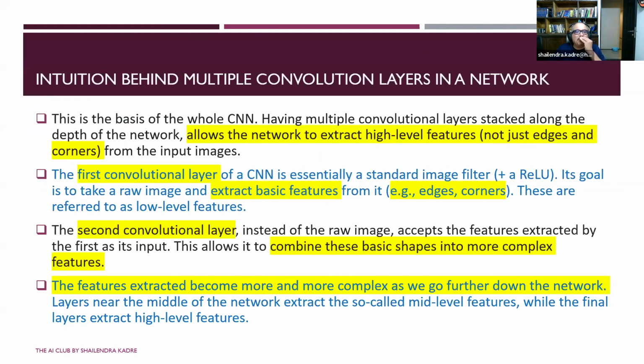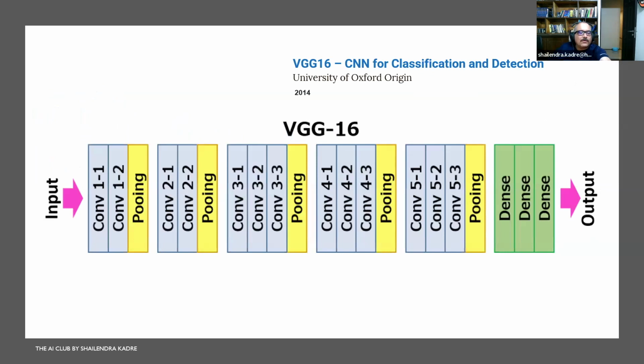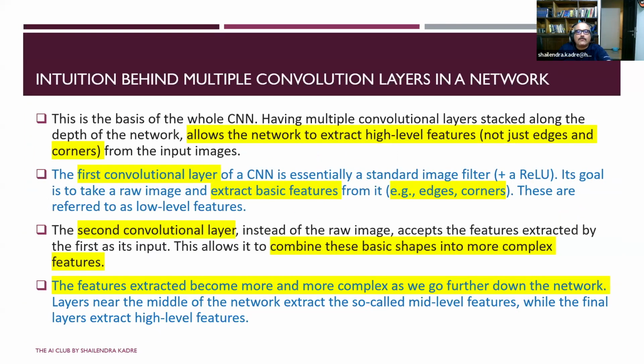So, the intuition behind multiple convolution layers in a network. The first convolution layer of the CNN is essentially a standard image filter plus ReLU. The goal is to take basic features. The first block, convolution 1_1, convolution 1_2, and pooling, will extract the basic features, edges, corners, the most basic features.